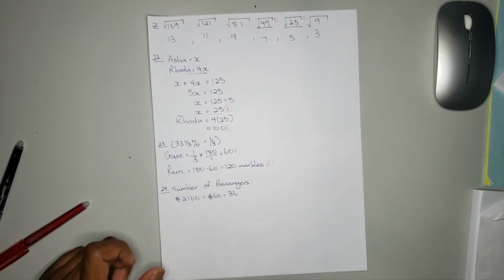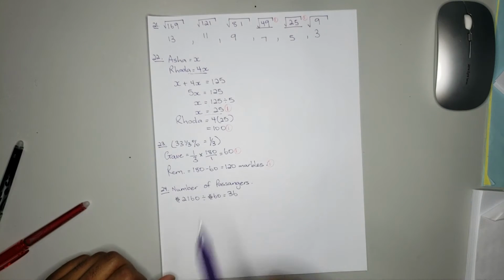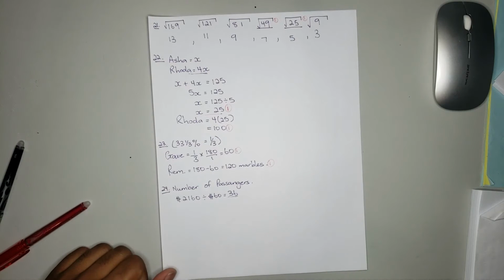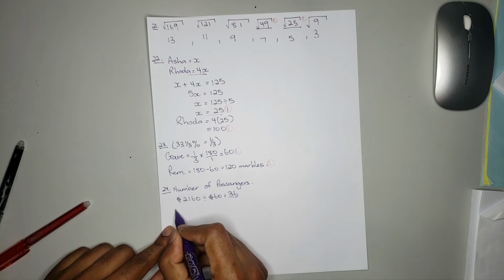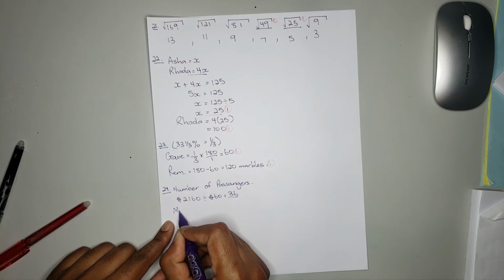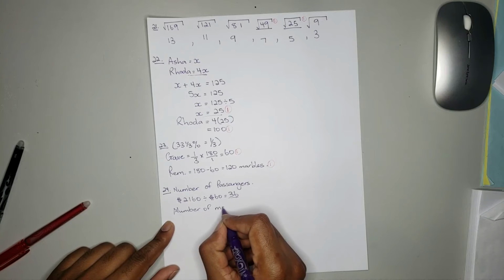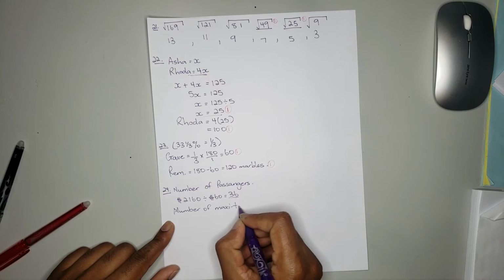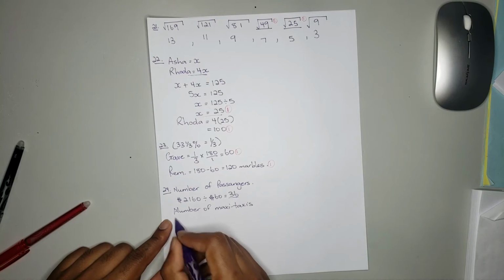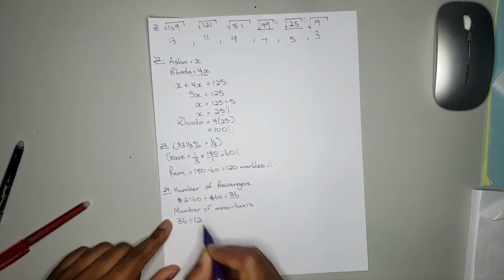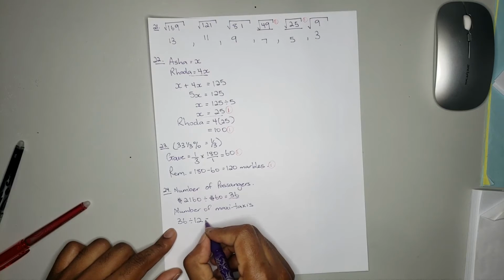Now from here we need to calculate how many 12-seater maxi taxis. The maxi could only hold 12 persons. The total number of people who went was 36. So to calculate how many buses there were, you take 36 and divide it by 12, because only 12 people could sit in one bus, and you will get 3.